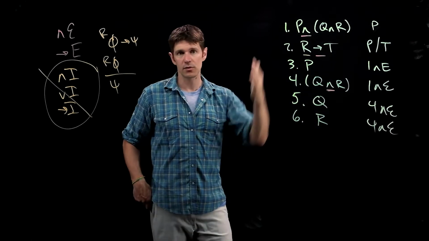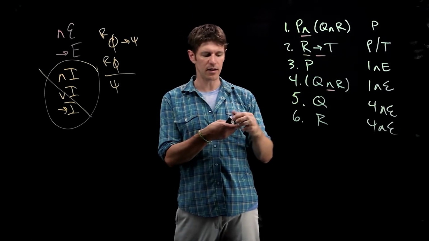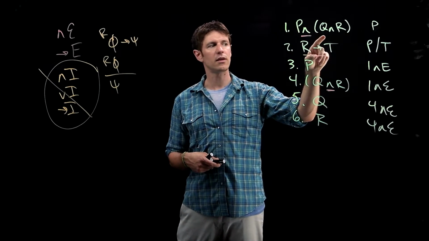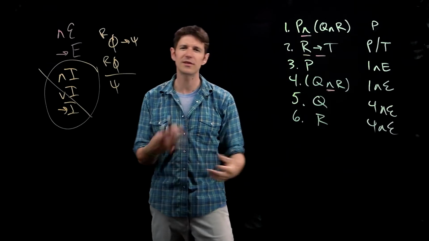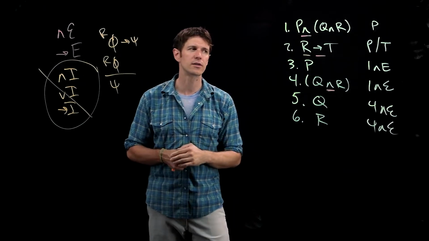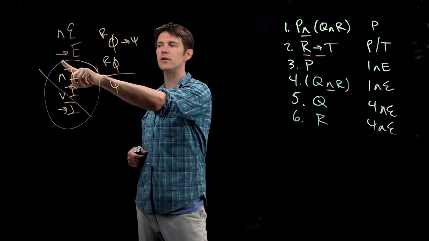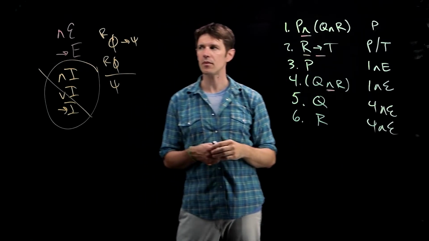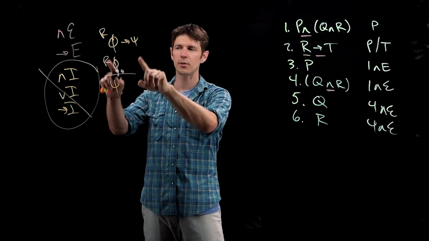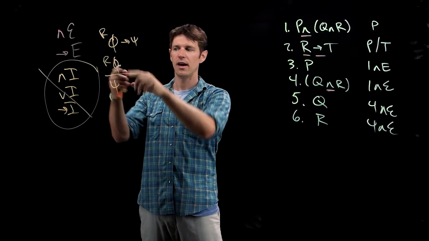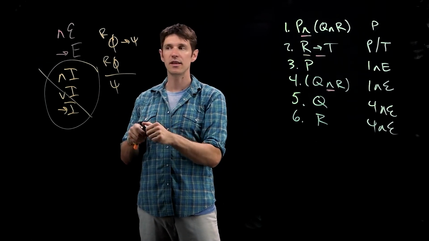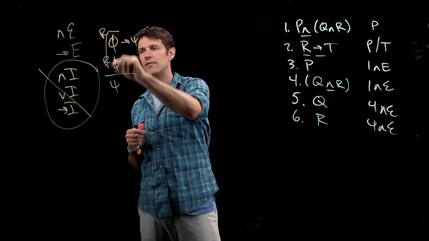All right, so let's look through our proof again. We've already used conjunction elimination on line 1, and we used it on 4, and we've essentially broken this formula apart. But let's go back to line 2. It's a conditional, and so we want to use conditional elimination. Conditional elimination is only possible provided we have a conditional, and then we have the left-hand side of that conditional.